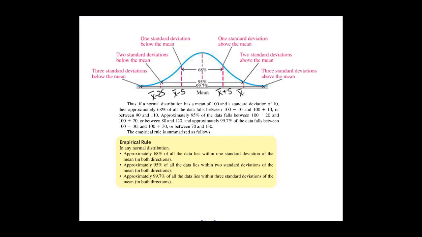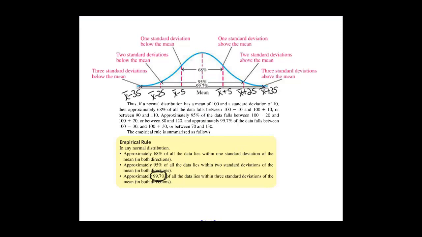And then also 99.7%, so that's almost every bit of your data, lies within three standard deviations of the mean in both directions. So this would be the mean minus three standard deviations, and this would represent the mean plus three standard deviations.